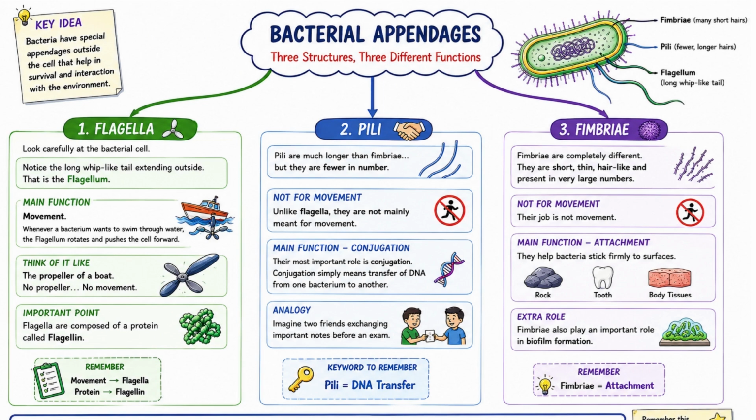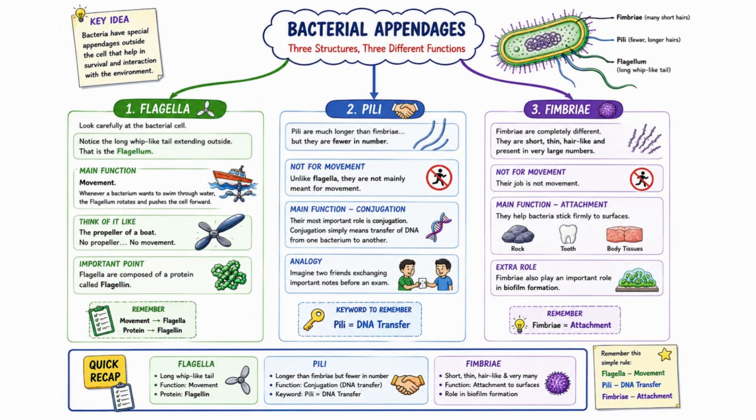Whether it's a rock, a tooth, or body tissues, fimbriae help bacteria remain attached. They also play an important role in biofilm formation. So remember, flagella: movement. Pili: DNA transfer. Fimbriae: attachment. 3 structures, 3 completely different functions.